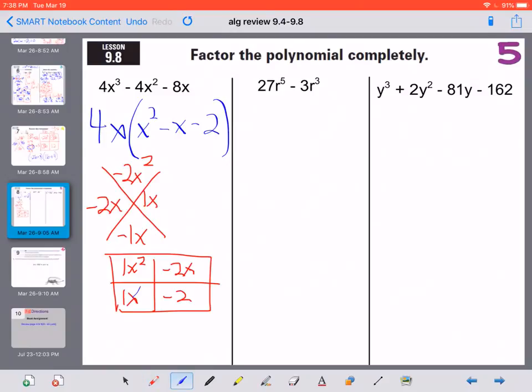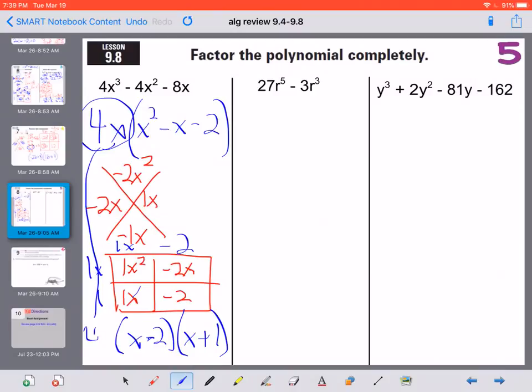So I know I'm going to need a 1x here and a 1x here. This will be negative 2, this will be 1. So my complete factor is x minus 2 and x plus 1. Now the one thing we need to remember is to bring this 4x down in front. So we have 4x times x minus 2 and x plus 1.